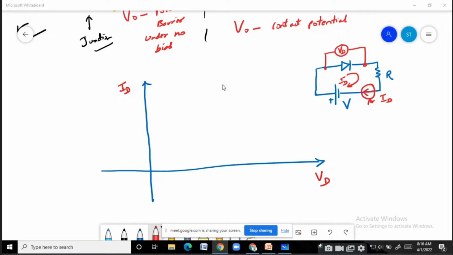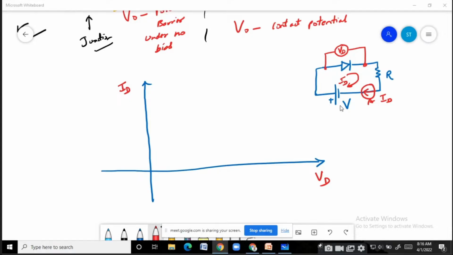So there are two regions in the characteristic of a diode: one is the forward bias region, and the second is the reverse bias region. To plot the characteristic, we have two axes. On the x-axis, we have VD, the voltage across the diode, and on the y-axis, we have the current through the diode.